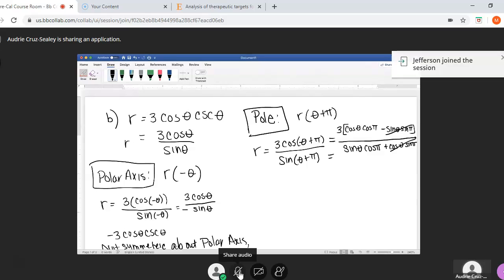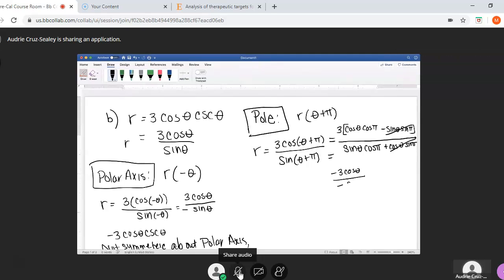And cosine of pi is -1. So on top, we get -3 cosine theta. On bottom, cosine of pi is -1, so I get negative sine of theta, which comes out to 3 cosine theta over sine theta, which is exactly the original.